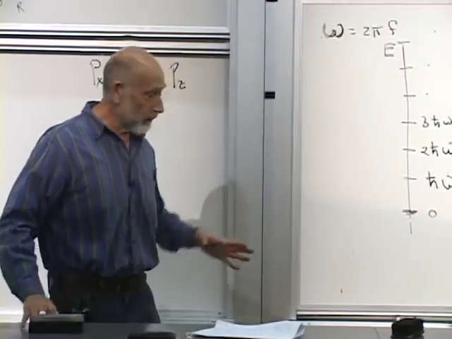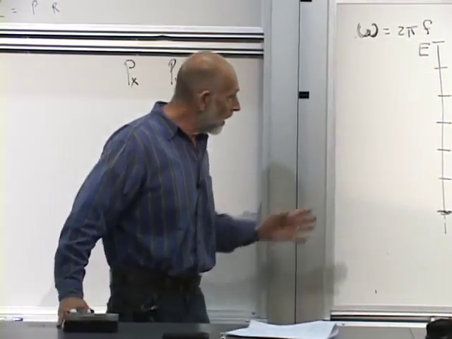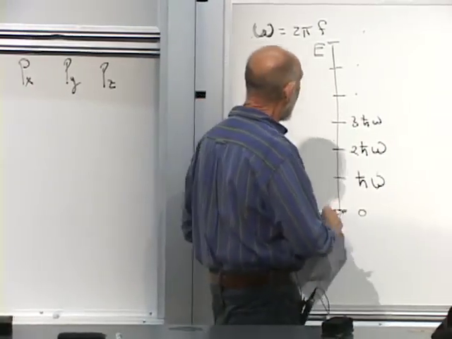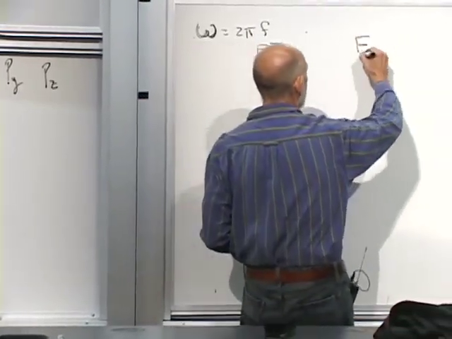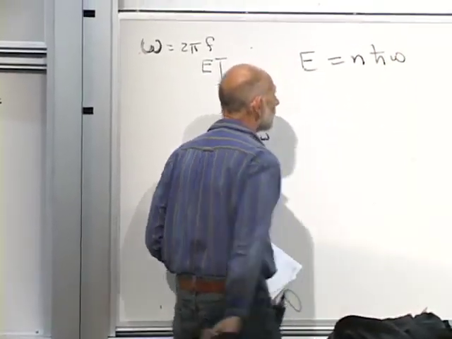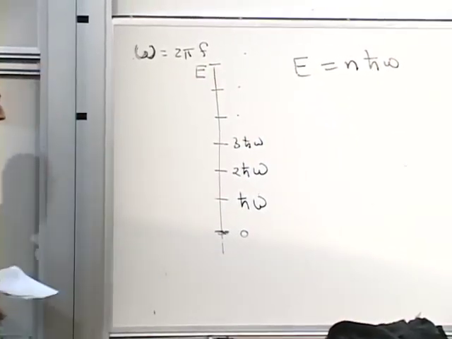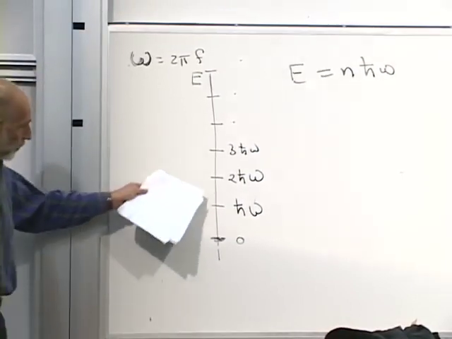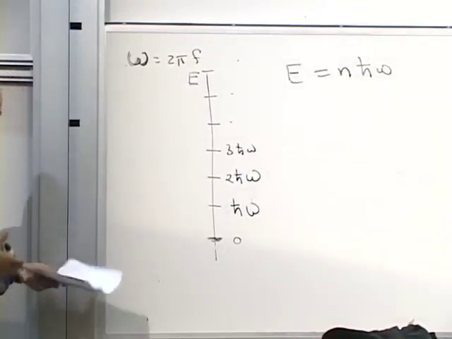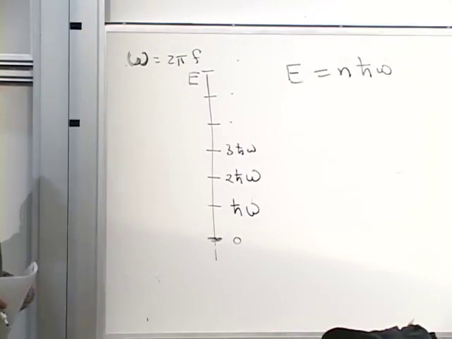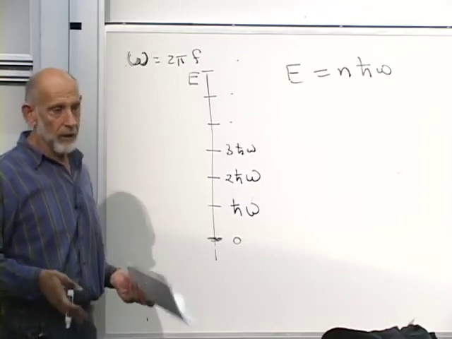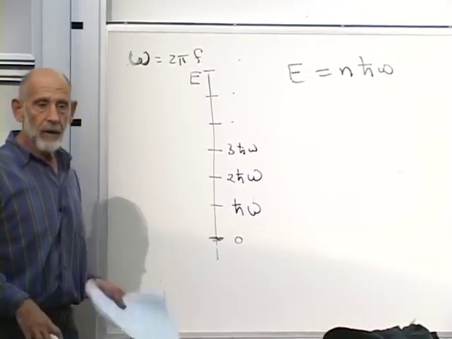Okay? Nothing in between. We can label them with an integer, and we can write that the energy is an integer n times h bar omega, where n is just an integer which labels which one of these states the oscillator is oscillating in. It's just a matter of notation.